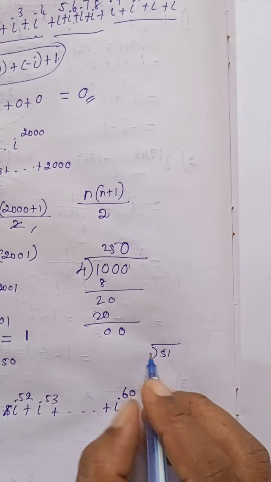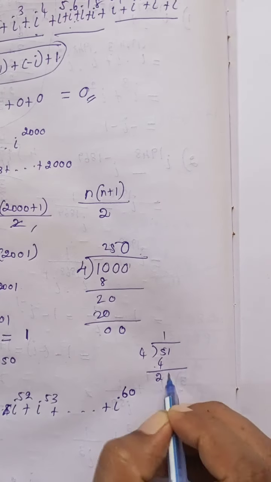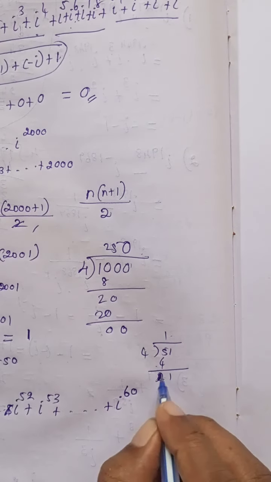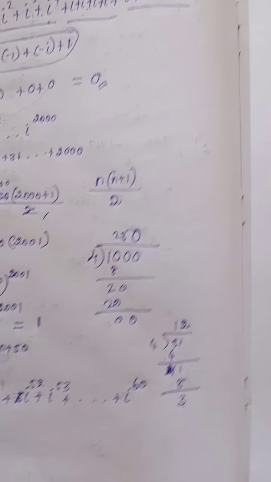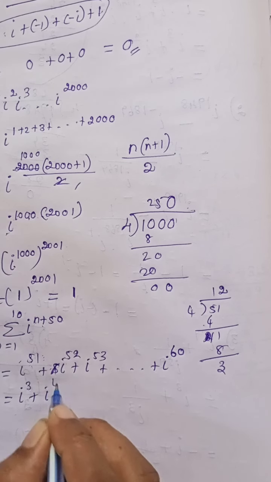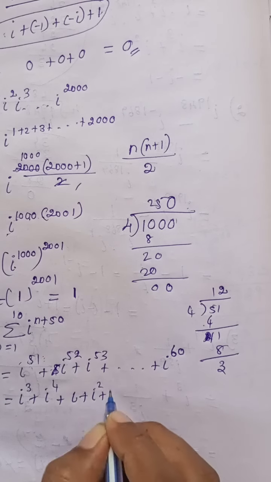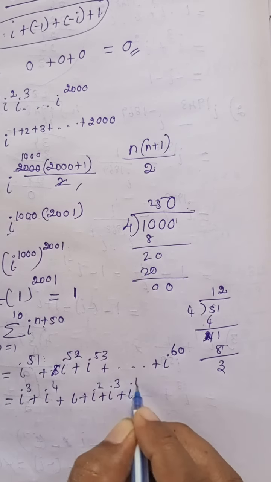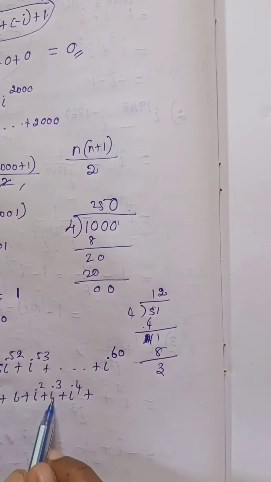51 when we divide by 4. 1 4 is 4, 11, 2 4s are 8, the remainder is 3. So it is understood here it is I power 3, here this is I power 4. Again we get I plus I square plus I cube plus I power 4. Then till 10 terms, 1, 2, 3, 4, 5, 6.